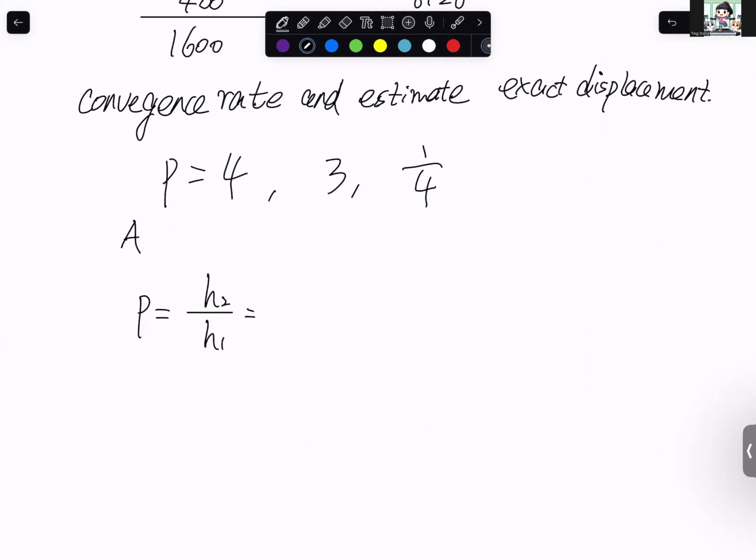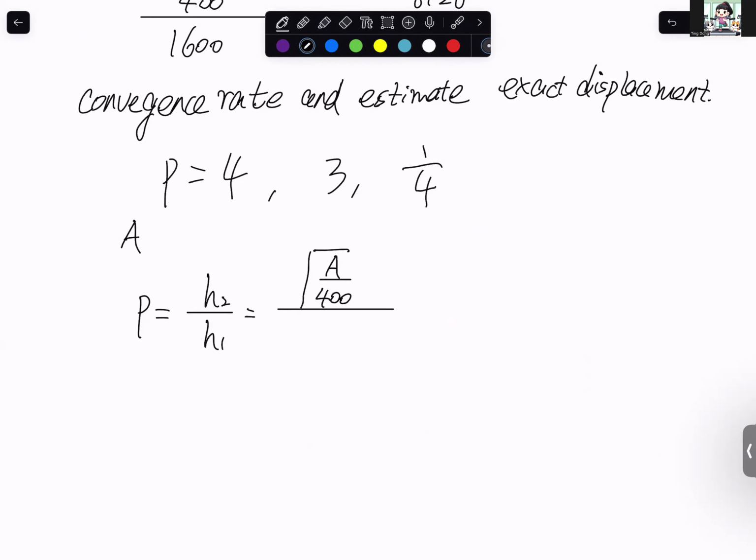So what is H2? For the total area A, we use 400 elements. So this becomes the area of one element. And we are using square elements. What is the edge length?